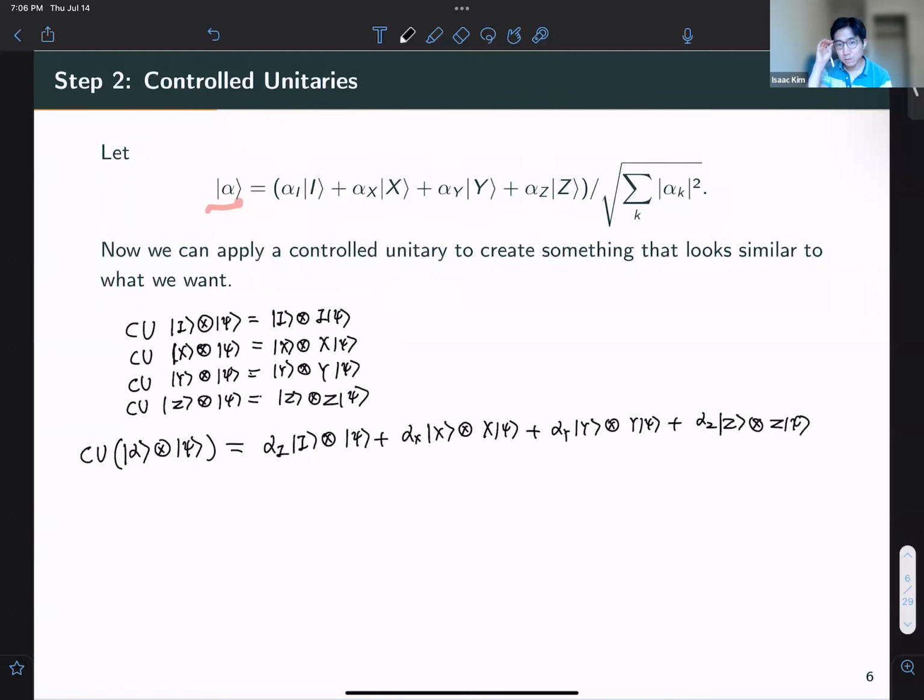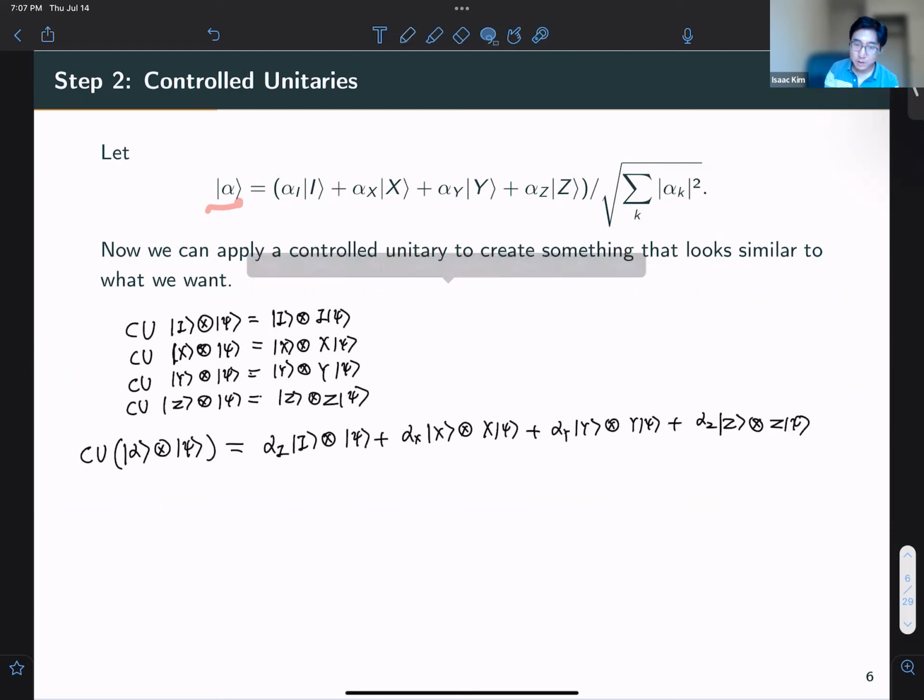So far, no rules of quantum mechanics were violated. We defined the unitary transformation, and we applied that unitary transformation on the system. One is a qubit, and the other is an ancillary system, which is helping us in some way.